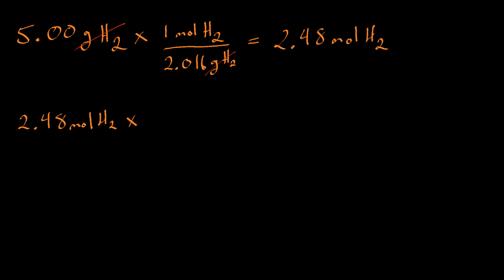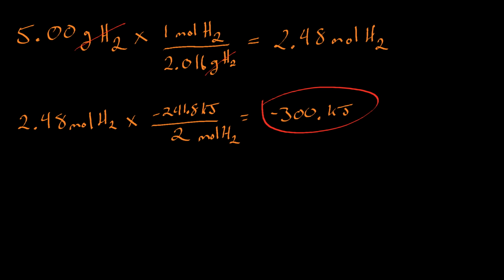Now, the question was, how much energy will be produced by 2.48 moles of hydrogen? You need to answer that question using the delta H of reaction, which, as you might recall, was negative 241.8 kilojoules per mole. But per mole of what?